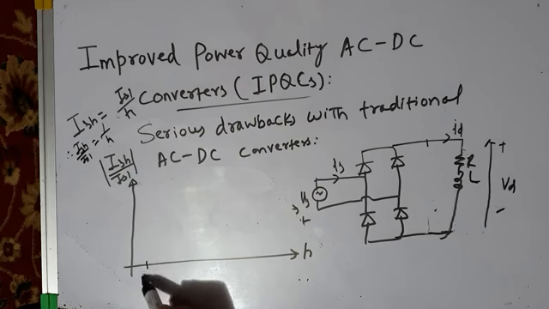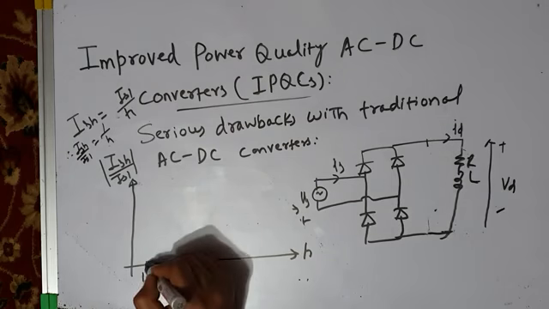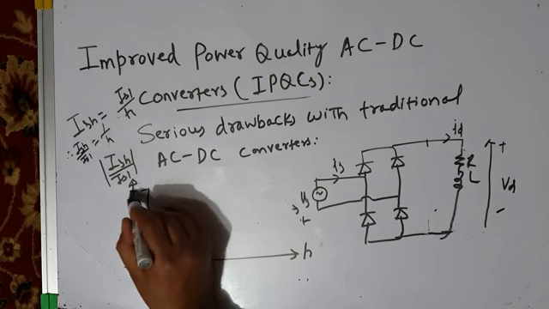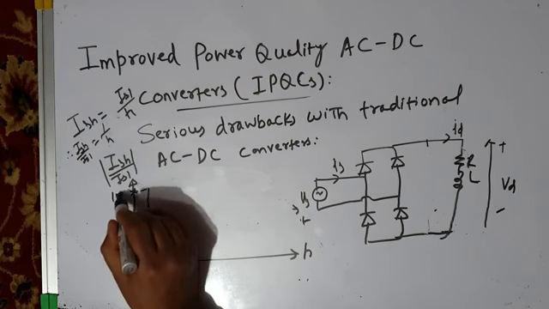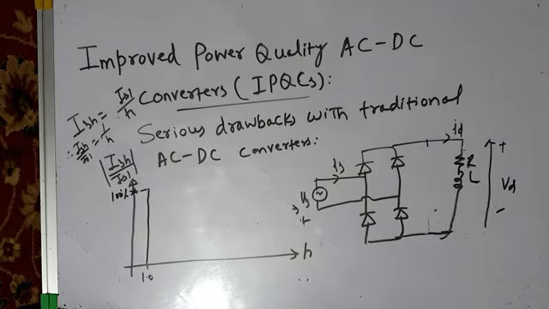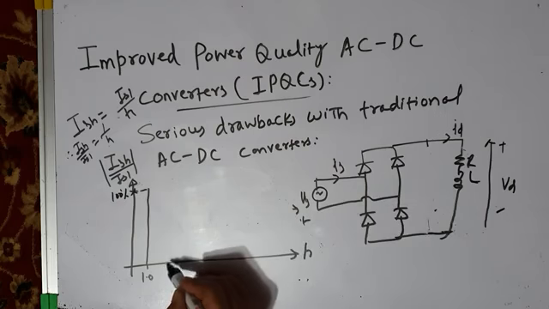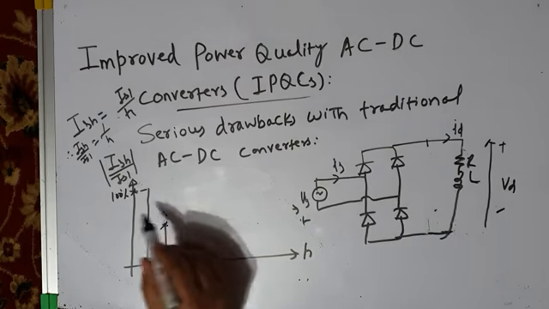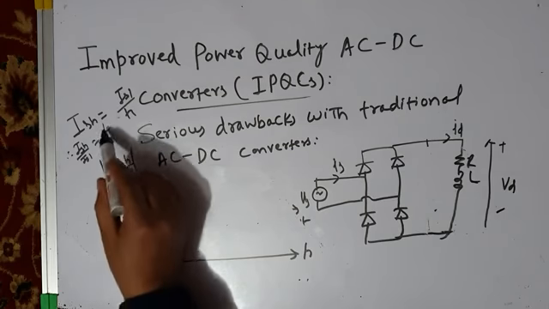For example, if the harmonic is of order 1, the fundamental component will have 100% amplitude. Then the current drawn will have a third harmonic component, and its ISH by IS1 is equal to 1 by H.